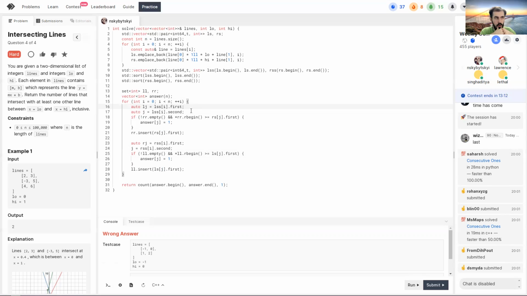We should cover both of them in our if statements. Here we iterate in increasing order of left intersection. If the max right intersection seen so far is greater than the current, then our current line intersects with something, and we count it.